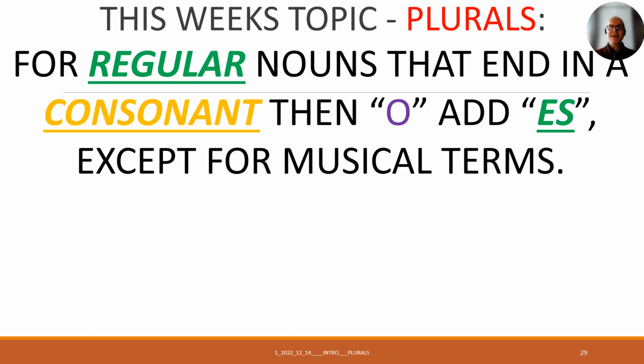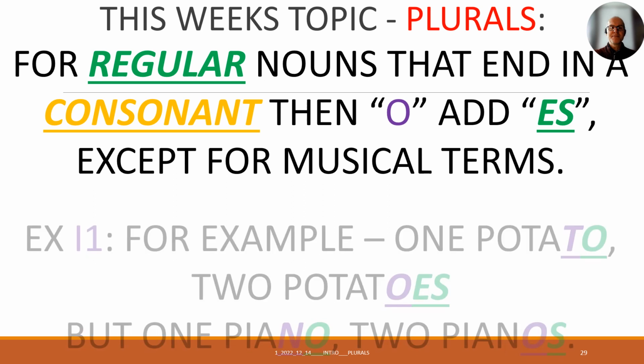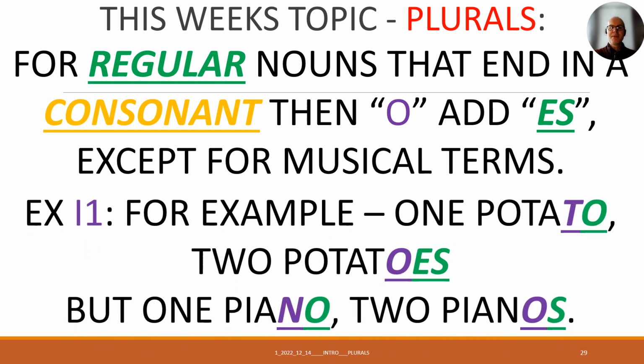For regular nouns that end in a consonant, then O, you have to add ES, except for musical terms. So for example, one potato, two potatoes. You just add the ES at the end of potato.